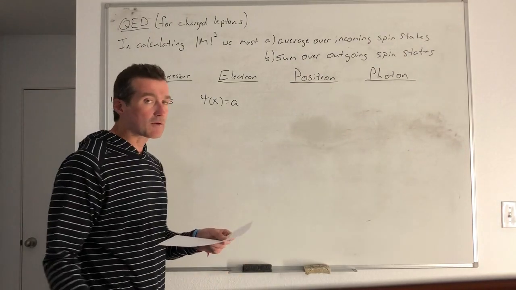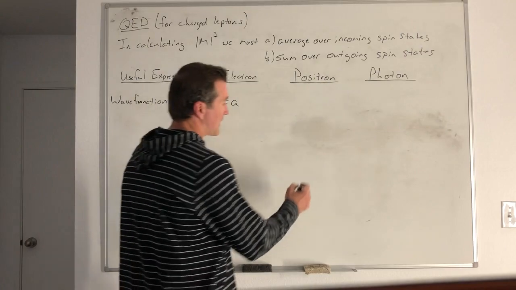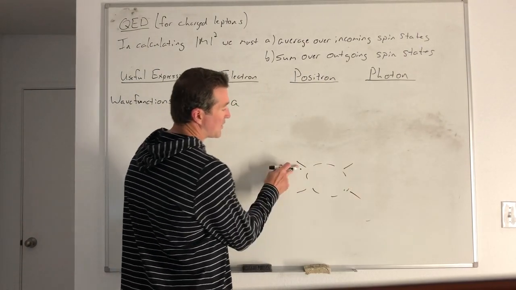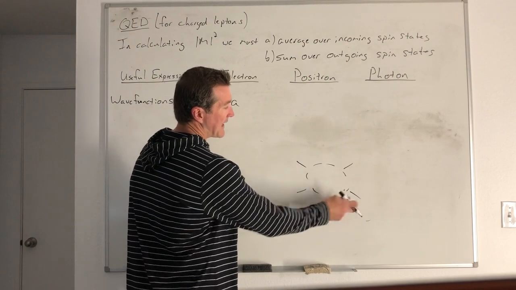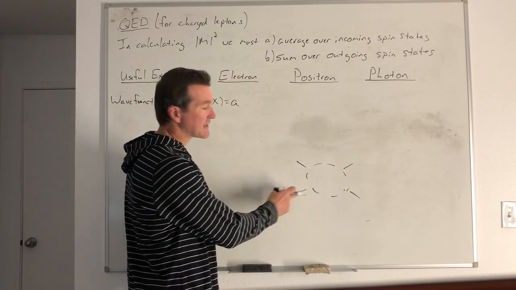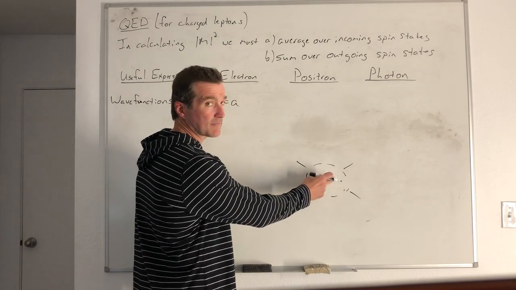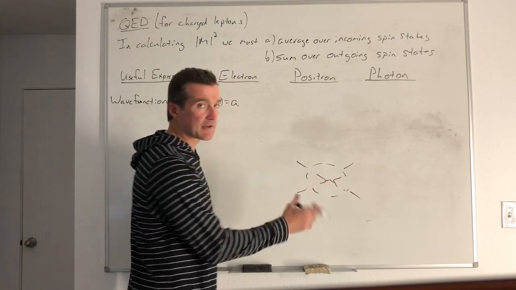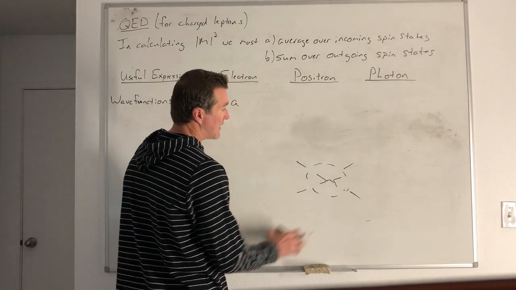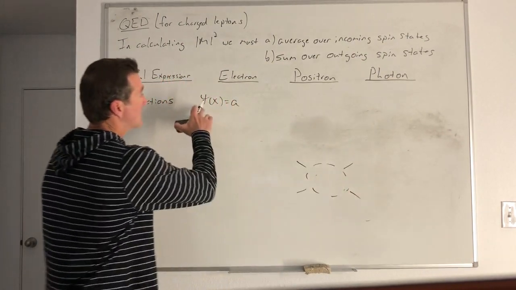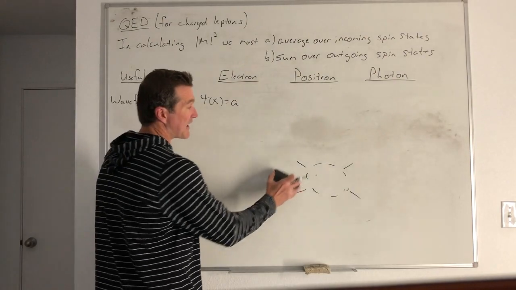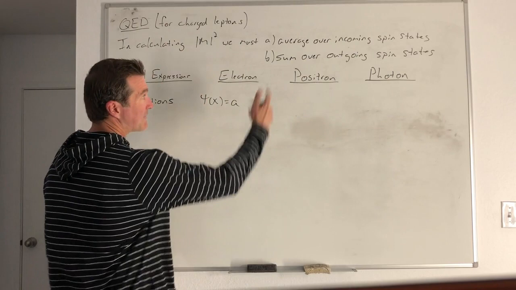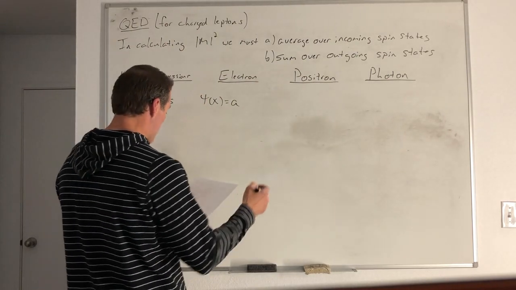And these are free particle solutions, because remember, when you want to specify what's coming in and what's going out, you're treating these like free particles. And then it's when you connect the bits of this with all kinds of pictures inside that you're actually dealing with interactions. Okay? So these are going to be useful for specifying the external free particle states coming in and going out. And then we're going to have to average over the incoming and sum over the outgoing.